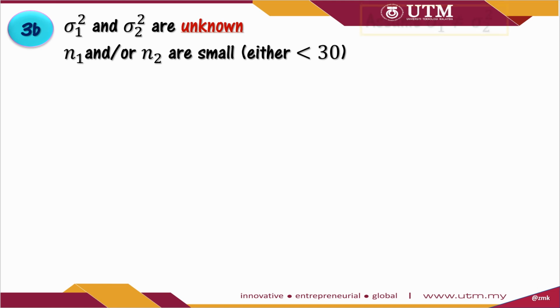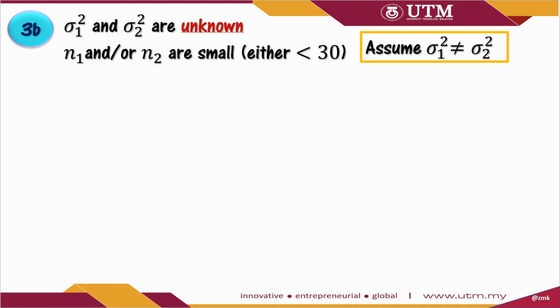However, in the third situation, the population variances sigma 1 squared and sigma 2 squared are assumed to be unequal. This assumption of unequal population variances will affect the value of nu, which is the degrees of freedom for the t-score.